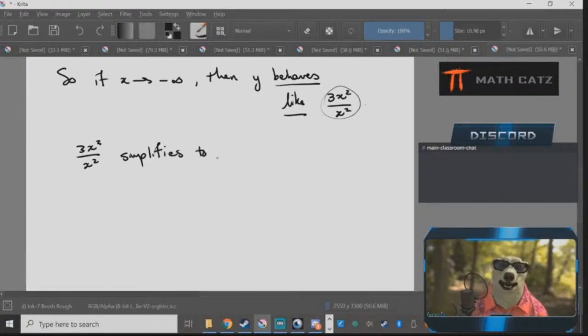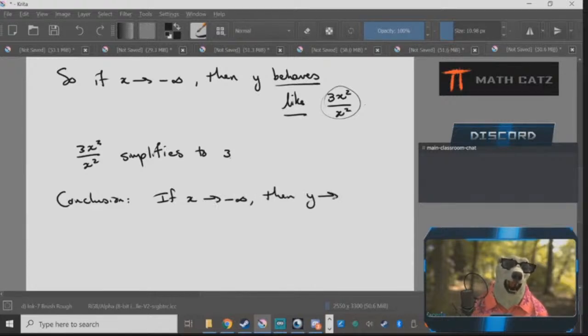Simplifies to, well, I have two x's at the top, two x's at the bottom, so 3. So, my conclusion, if x approaches negative infinity, then y approaches 3.